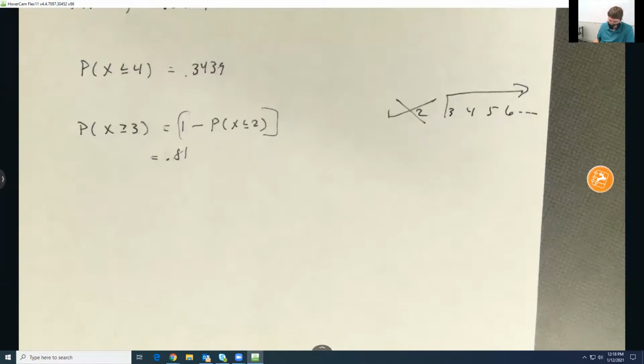Yes. So you just have to decide if it's equals, less than, or more than, and then solve it accordingly.